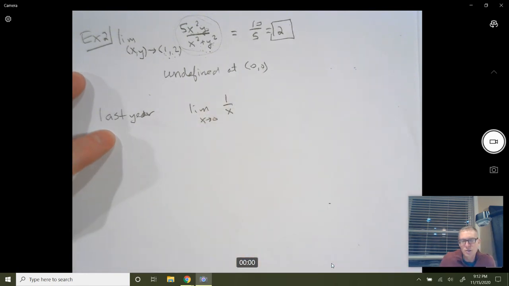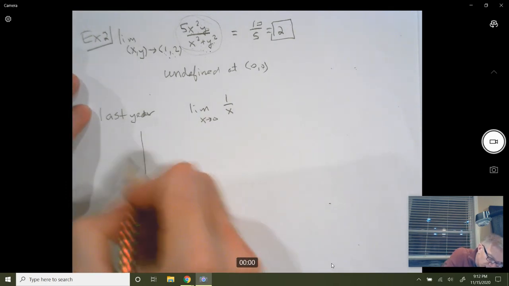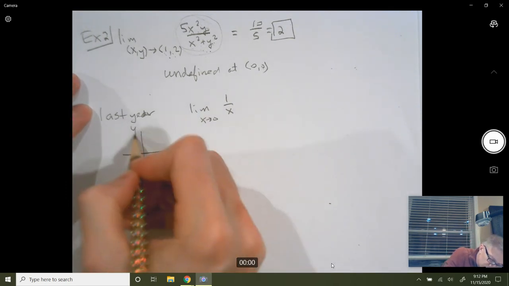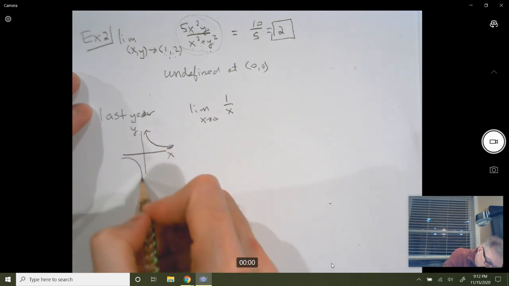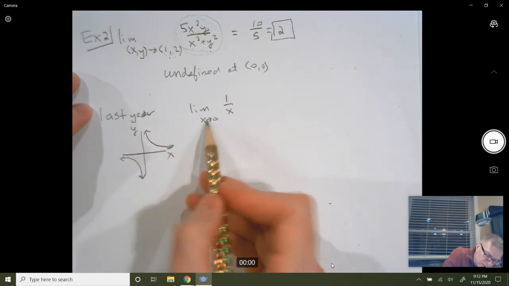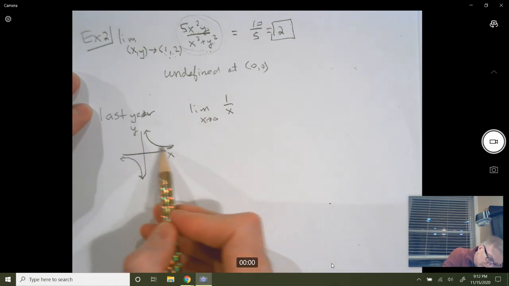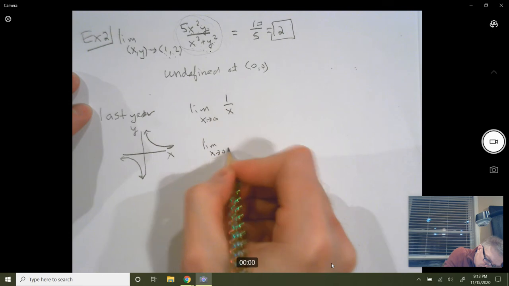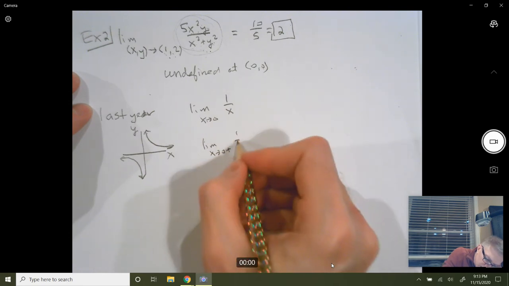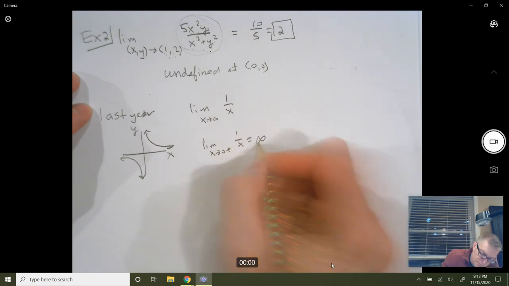Okay, so let's just look visually. We know what this graph looks like. It's going to be something like this, something like this. Okay, so as x approaches 0 from the right, the limit of 1 over x goes to infinity.